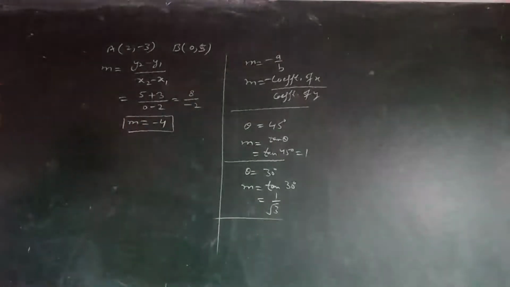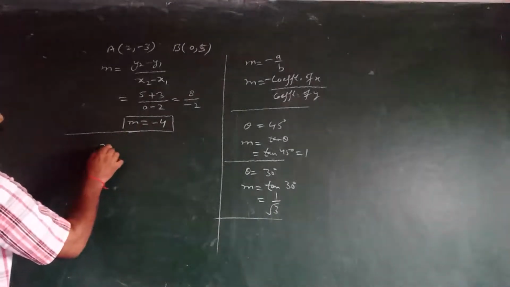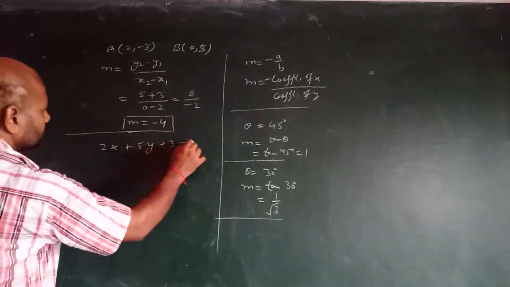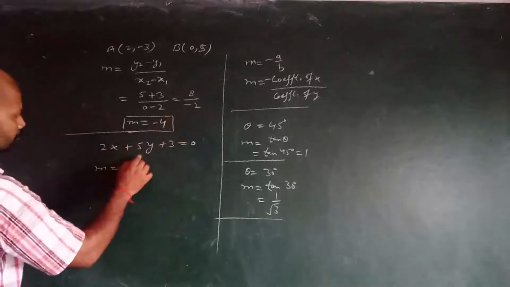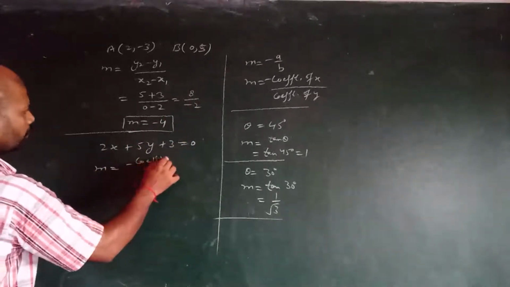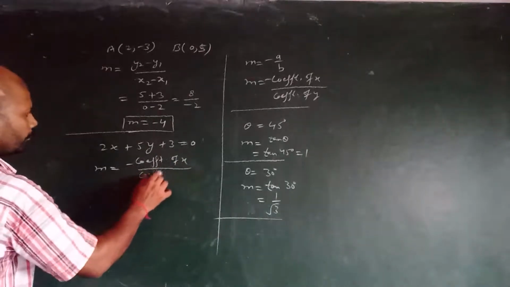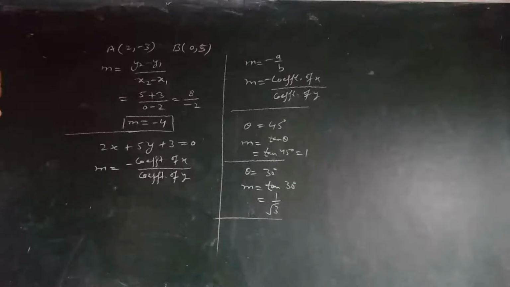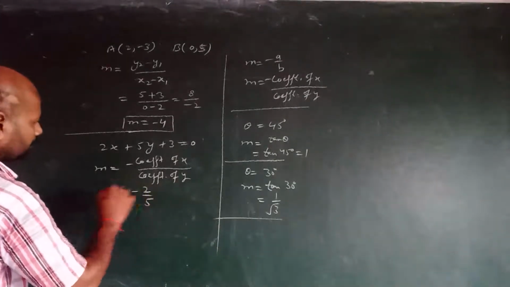Okay, if we have the line, it will be minus 2 upon 5.